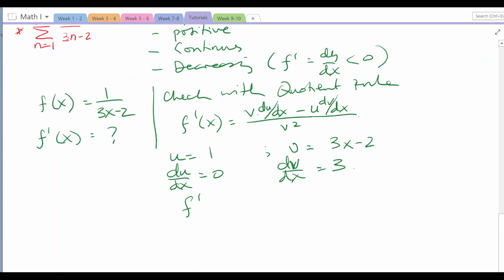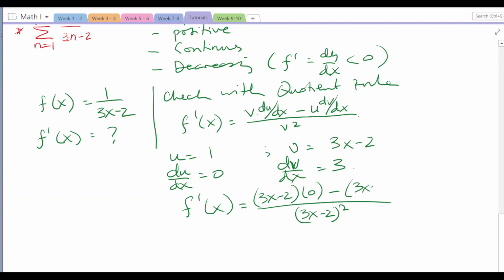The first derivative will be, based on the formula, v squared, which is (3x minus 2) squared, on the bottom. On the top we have v, which is 3x minus 2, multiplied by du/dx, which is 0, minus u, which is 1, times dv/dx, which is 3.